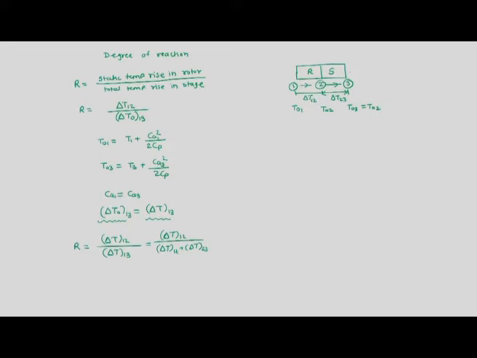Now we should know delta T naught 1 3 in the case of an axial compressor, which is equal to delta T 1 3 and can be found out from stage work, which is Cp into delta T naught stage.